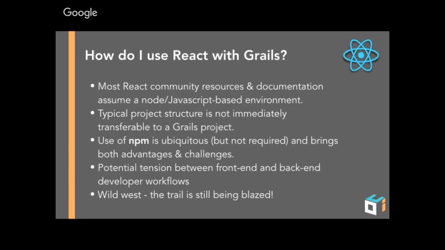This tension between backend frameworks and the newer JavaScript frameworks is something I found a lot of really interesting information about from Rails conferences and presentations, because that community largely has similar problems. It's not immediately apparent how to use these different kinds of frameworks together.